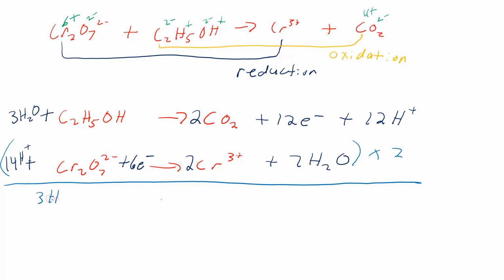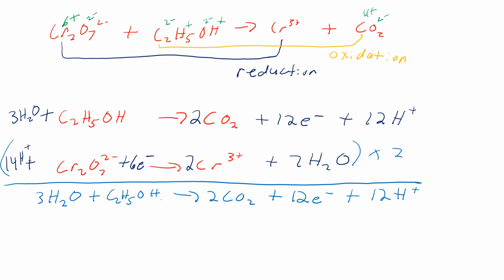So we have 3 waters gives us 2 carbon dioxide plus 12E negative, so 12 electrons, plus 12H positive.